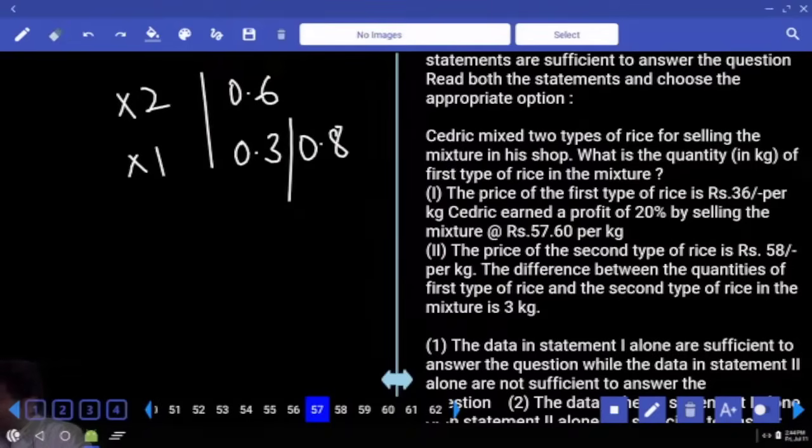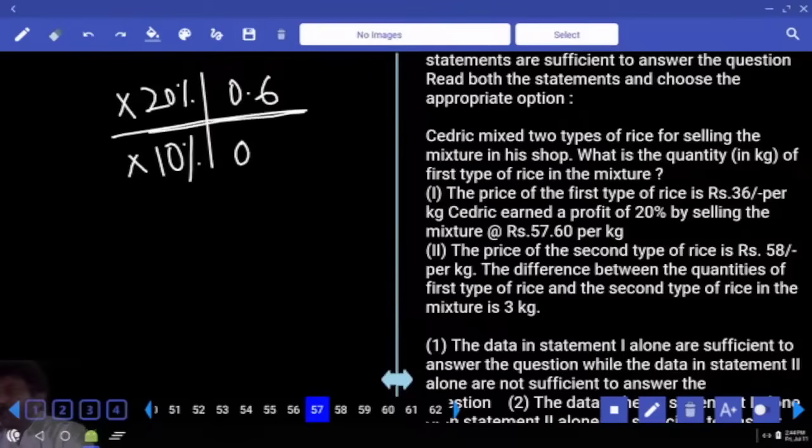Agreed or not? Then 100% should end with either 3 or 8. 20% is ending with 0.6, 10% may end with either 0.3 or 0.8, then 100% should end with either 3 or 8.